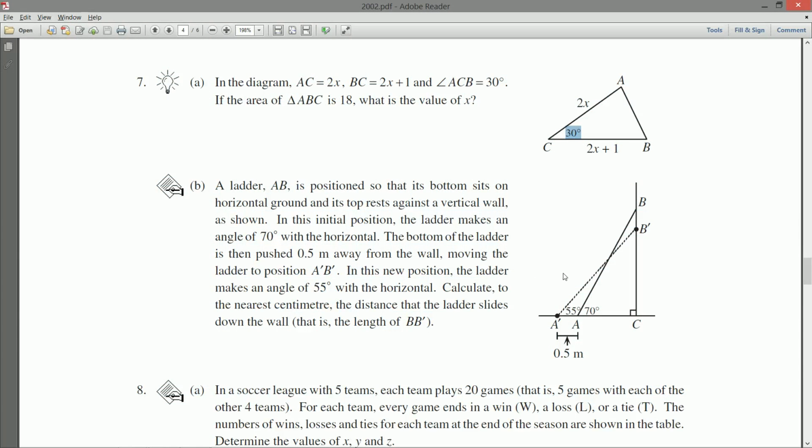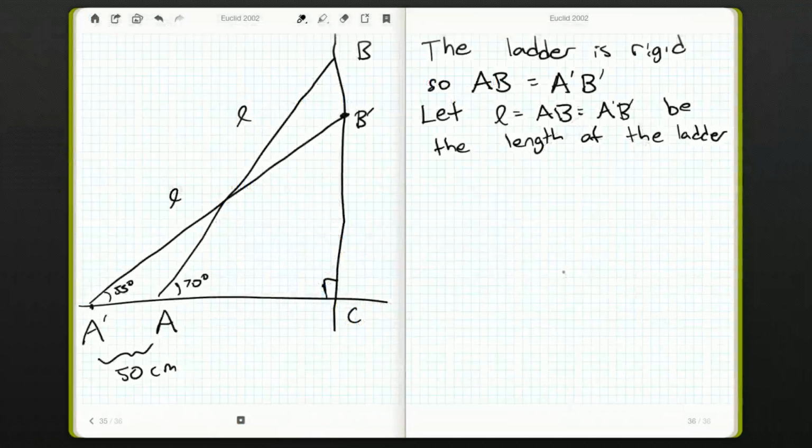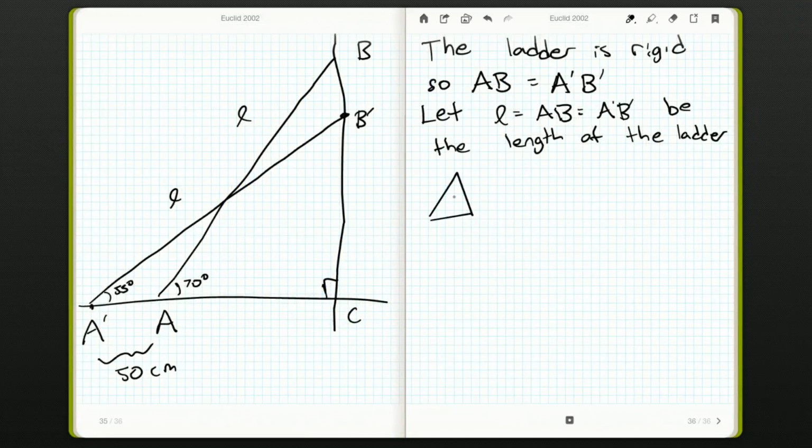So I'm thinking we should have some sines and some cosines in here. That's what I'm thinking. Yeah, so going back to our picture, we have a right angle triangle.